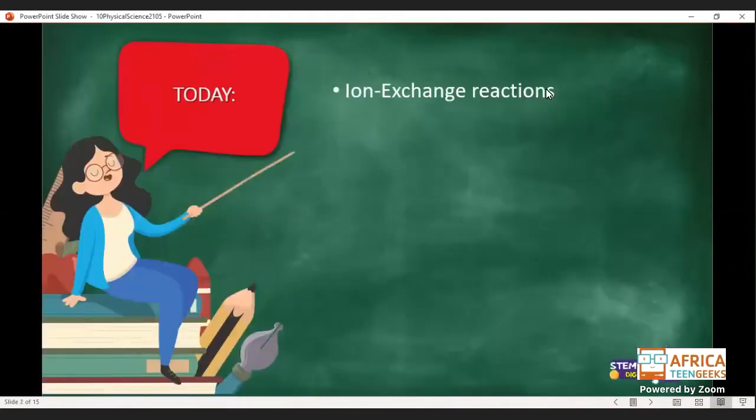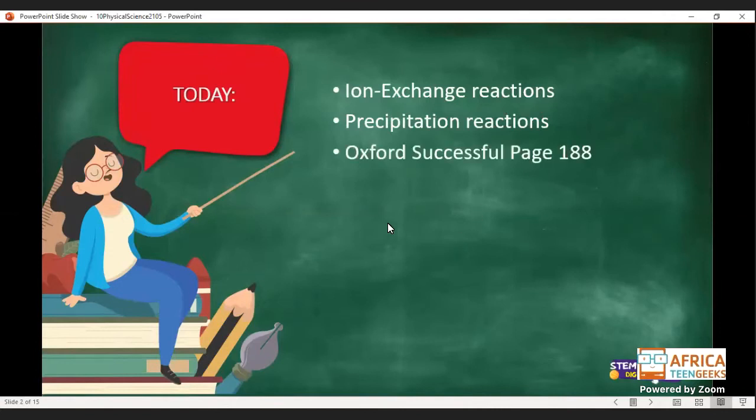So we're going to look at ion exchange reactions today, very specifically at precipitation reactions. Don't panic, new word, I will explain it to you. Right, so if you are using the Oxford Successful Grade 10 Physical Sciences textbook, you'll find this on page 188.